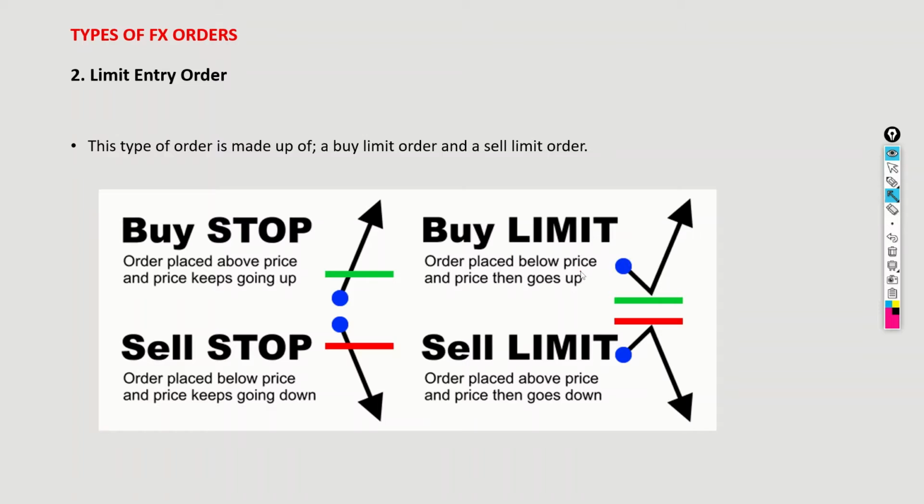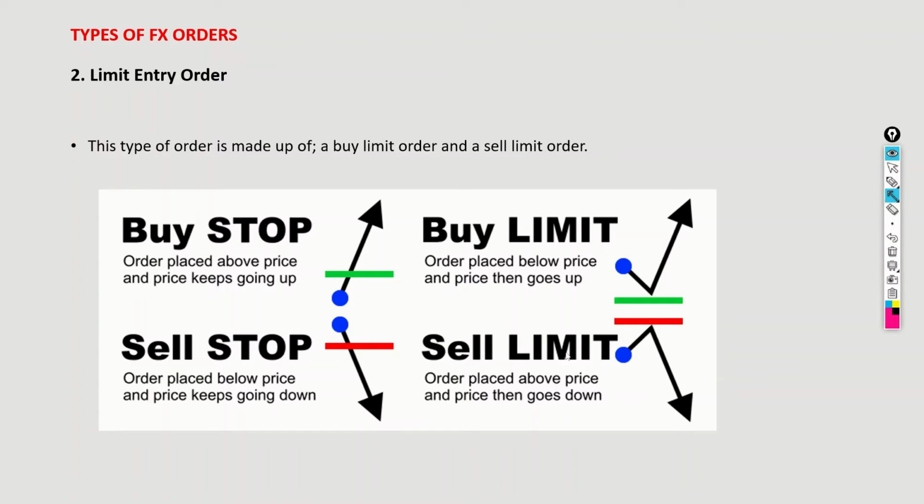If this is where the current price is, and you want the price to fall to this level and then you buy, it means that you're going to set what we call a buy limit order. So the price goes below the current price, hits the price you want, and after hitting it, it then goes up. That's what we call a buy limit order.